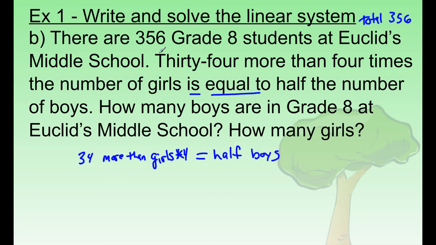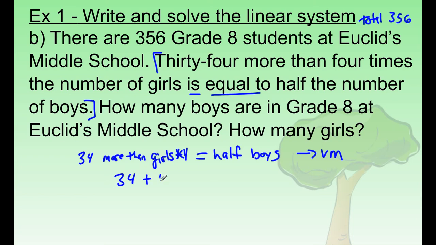Okay, so that is our first statement right there. So that's my verbal model. It's ugly. I mean, that sentence itself is ugly. 34 more than 4 times the number of girls is equal to half the number of boys. But we can translate that into a math problem without much difficulty.